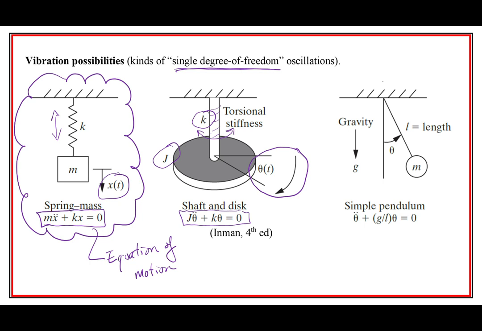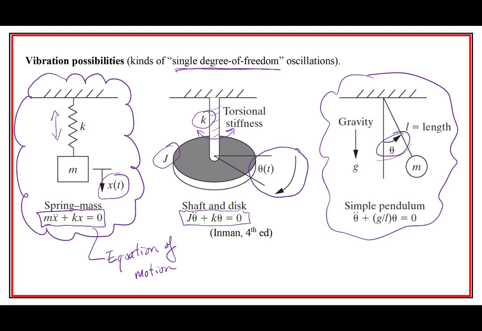And then here's a very common single degree of freedom, the pendulum. And this degree of freedom is right there. It can go back and forth. You can think of a degree of freedom of the coordinate as being the single coordinate that's necessary to define the location of the piece. So that single degree of freedom in this case is theta.